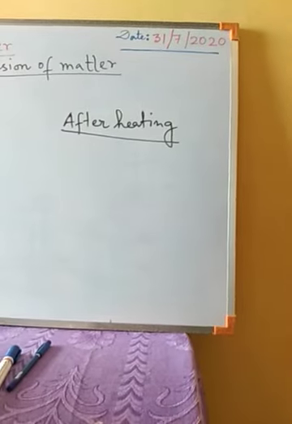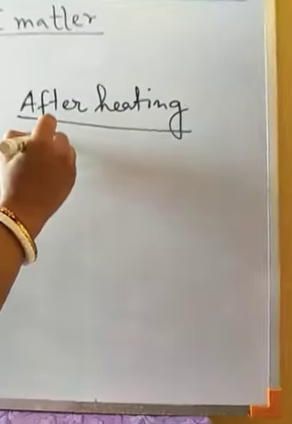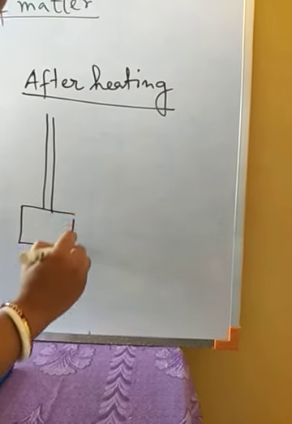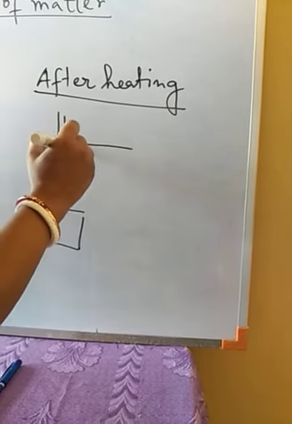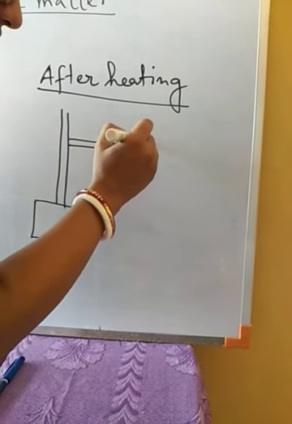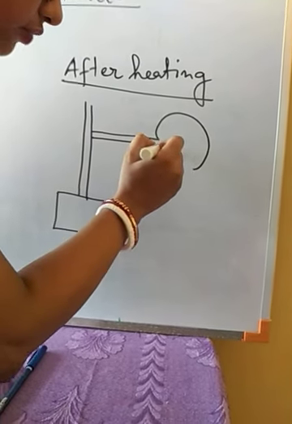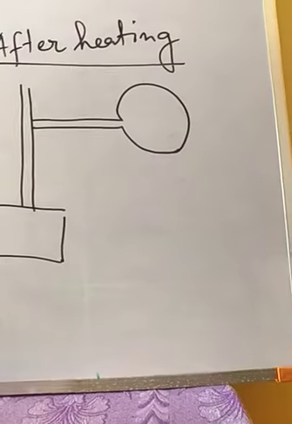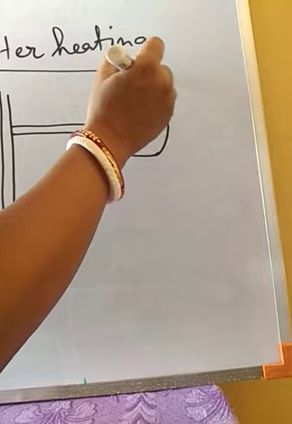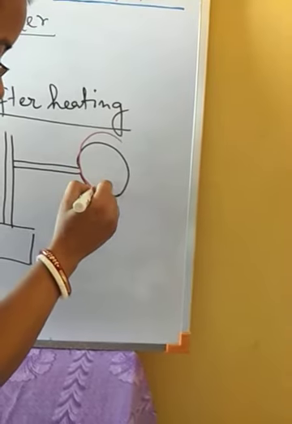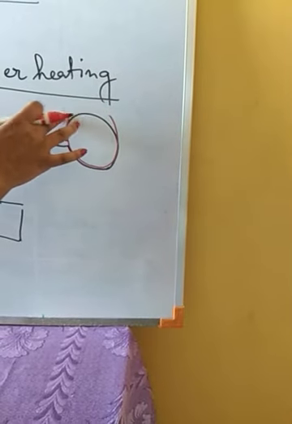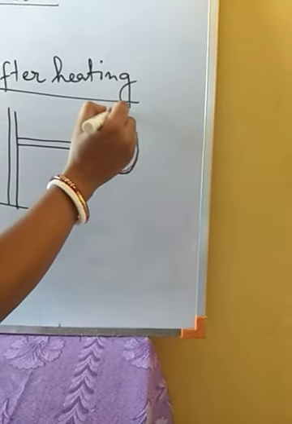Next, after heating, what are we going to see? This is the same ring which we took first, and the ball, as it has already expanded because of heating, will get stuck in this ring.